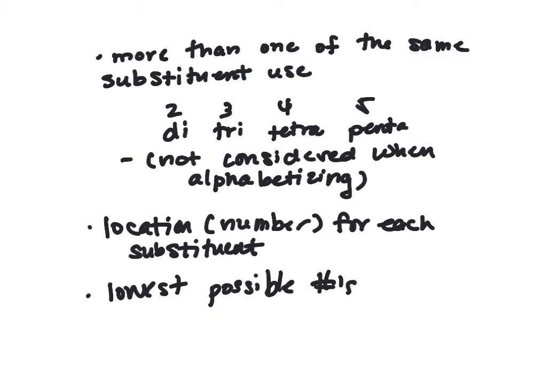You need a location or a number for each substituent on a chain. You also want to make sure that you have the lowest possible numbers for the substituents. What this means is that if you have different possibilities for numbering your chain, you want to choose the one that gives you overall the lowest numbers for each substituent.